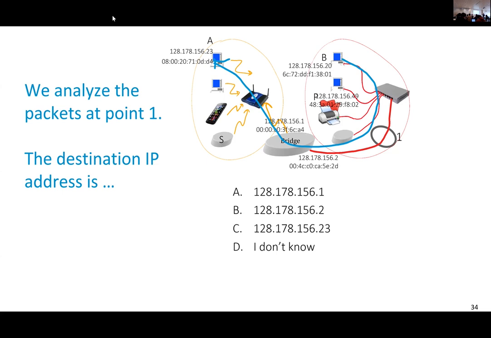So if here you want to do AirPlay from A to B, that will work. If you put a router in between, it will not work. So some systems have been designed with the hypothesis that the source and destination are in the same subnet.